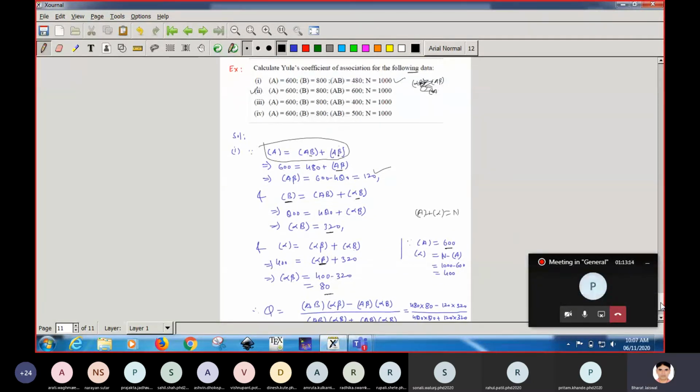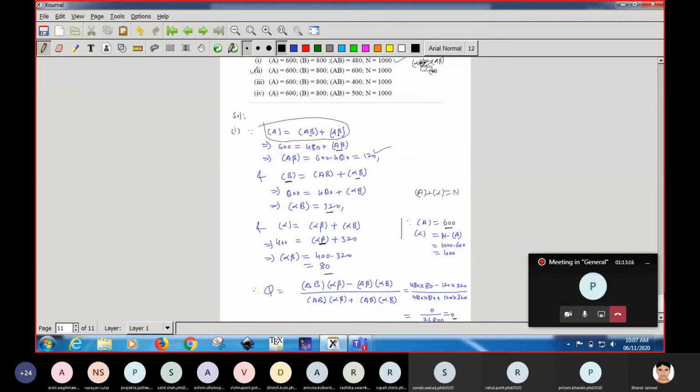Is it visible to all? Write the formula of Yule's coefficient of association.